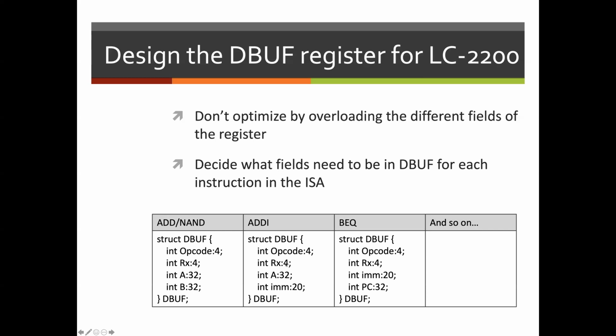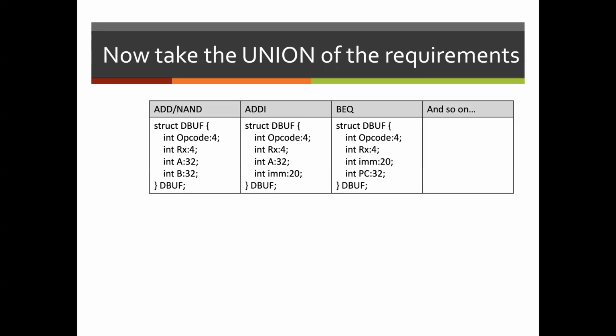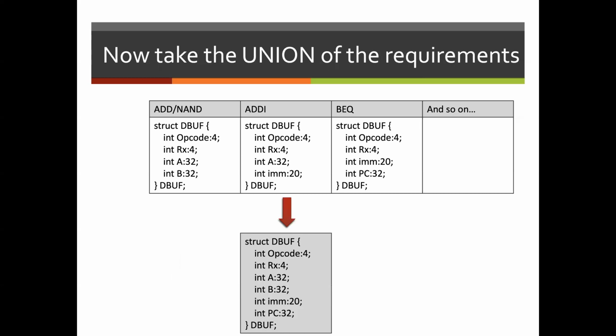From there, what we need to do is take the union of everything that is needed. This would represent the unified structure that we could use for our DBUFF implementation to denote all of the requirements that are needed.